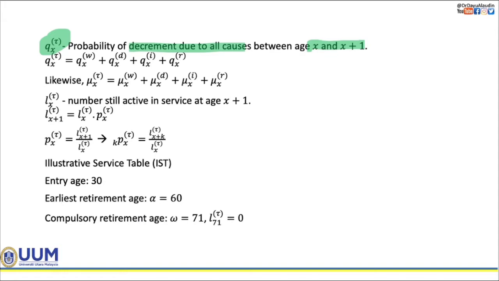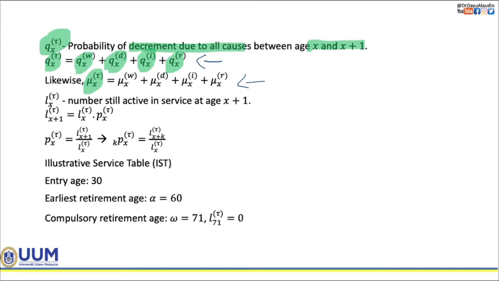So Q tau consists of Qx for decrement withdrawal, plus Qx for decrement death, the third one for decrement disability, and the final one is the decrement for retirement. Then mu x tau is the summation of all the decrements, the same as the probability of decrement.